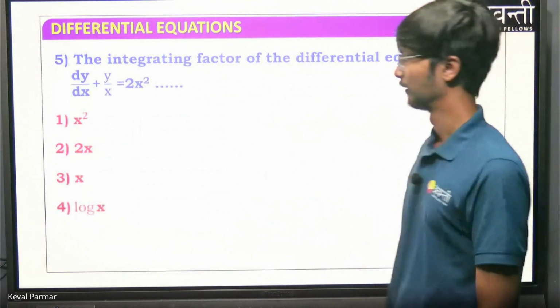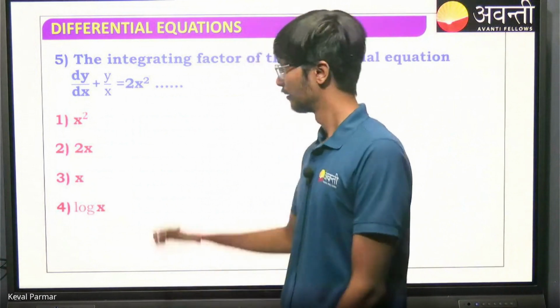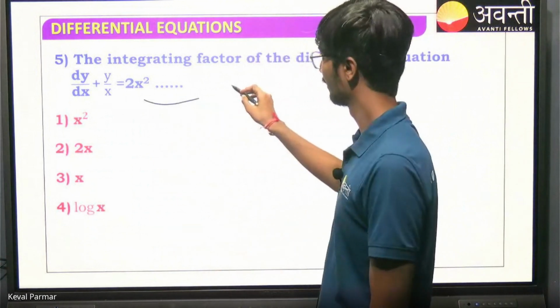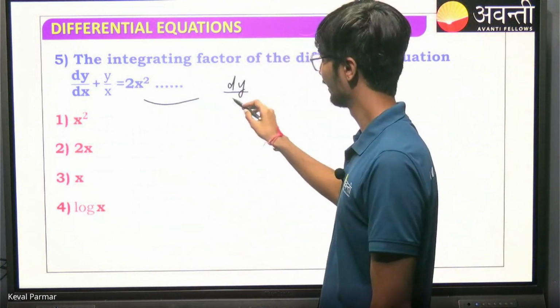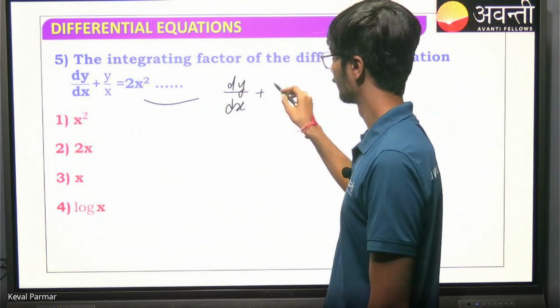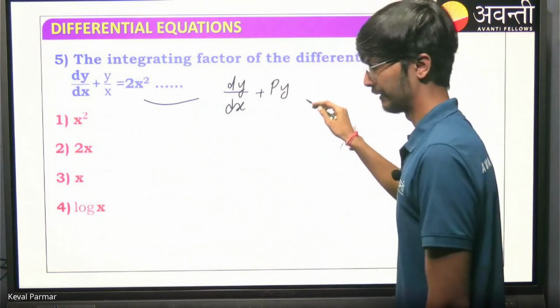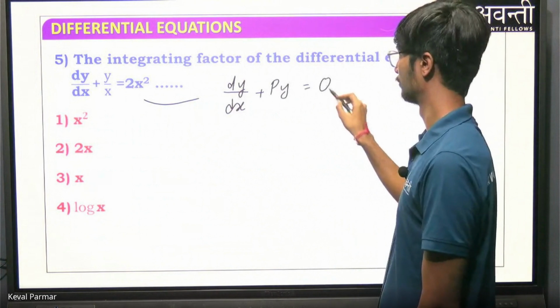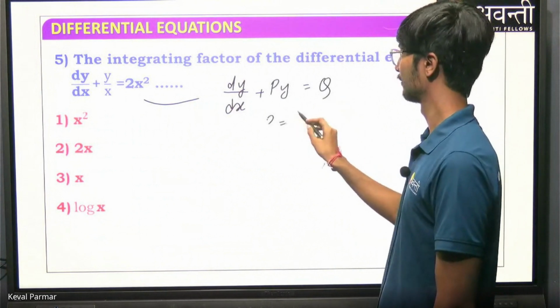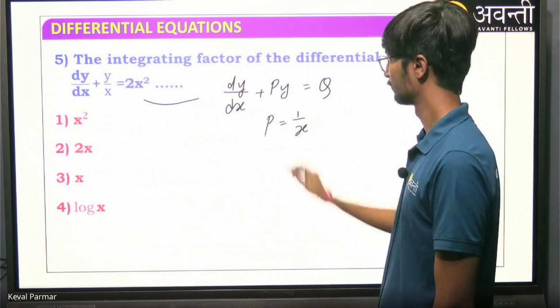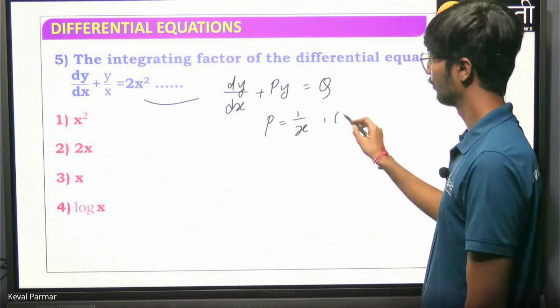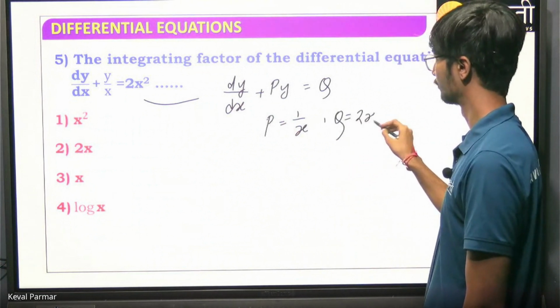Chalo. What will be this answer? First, compare it with dy/dx + py = q. So p is 1/x and q is 2x².